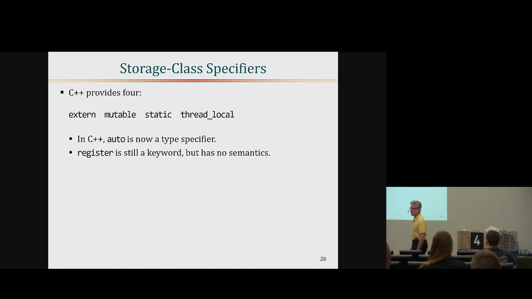How about register? What happened to that? Register is still a keyword in C, and it says the meaning is implementation defined, meaning it's up to what the compiler wants to do with it, and there's a footnote that says the intent is it's supposed to speed things up in some way. Well, in C++, the attitude is, hey, come on, optimizers do better than you can.